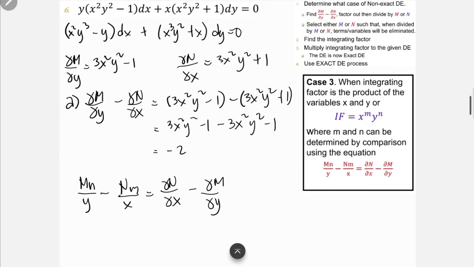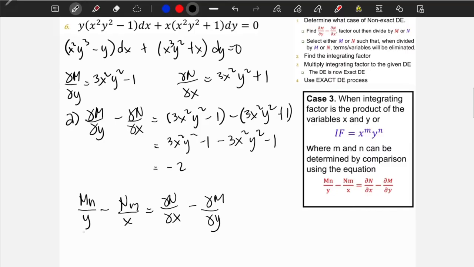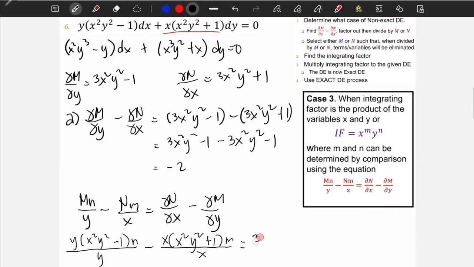Our M is y times x squared y squared minus 1, times n all over y, minus N, which is x times x squared y squared plus 1, times m all over x, equals partial derivative of N with respect to x, which is 3x squared y squared plus 1, minus partial derivative of M with respect to y, which is 3x squared y squared minus 1.